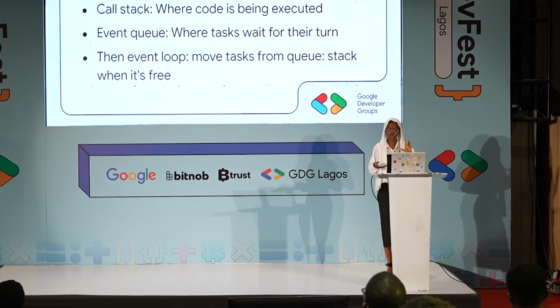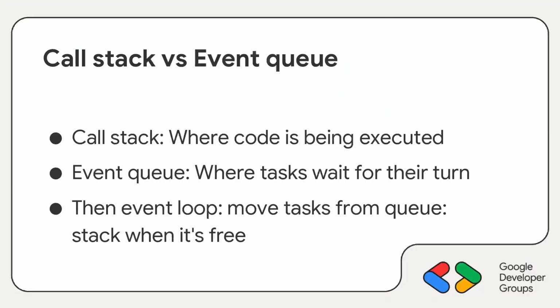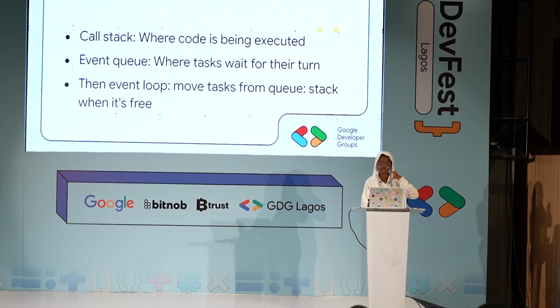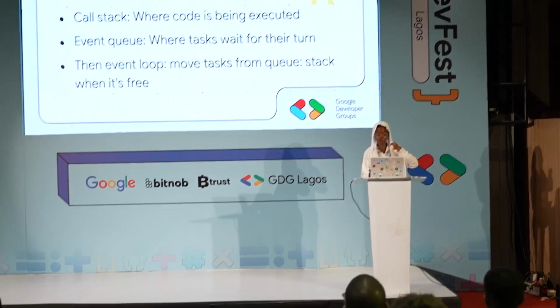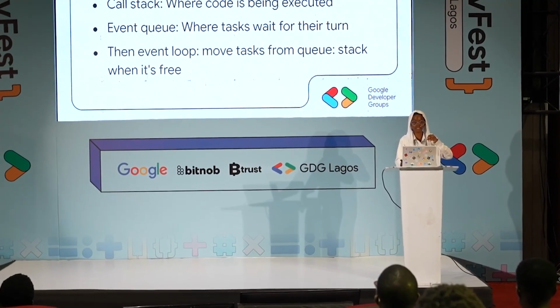Okay, moving on, we have something called the call stack. The call stack is basically where your application is being executed. Whatever is running currently at that particular moment runs there. The event queue is where tasks wait for their turn.